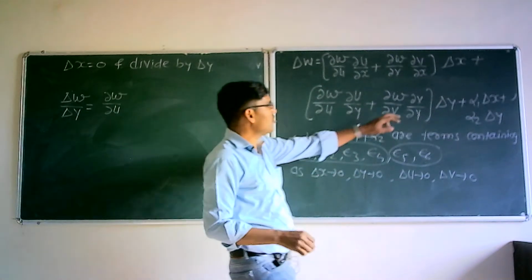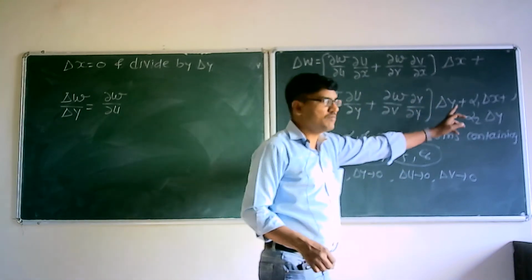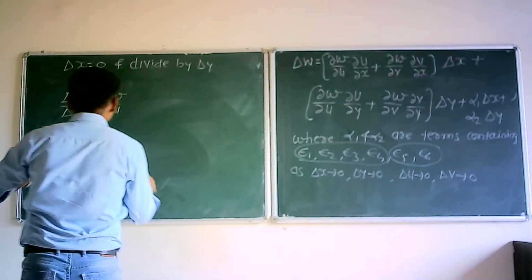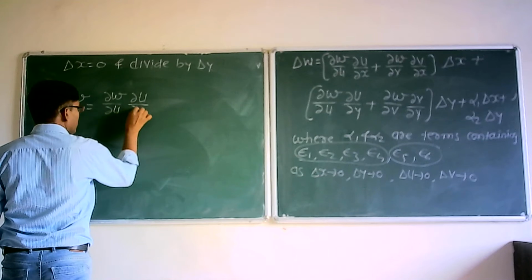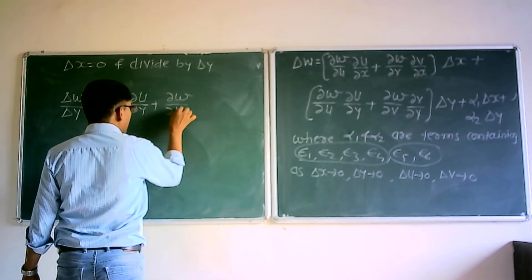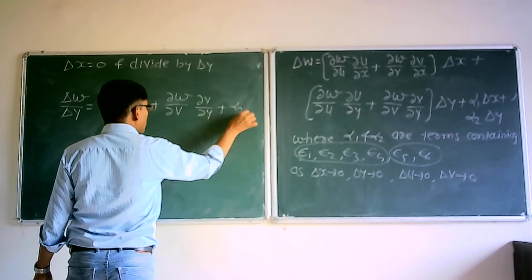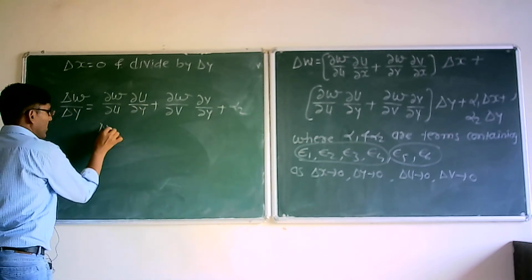Since this term is 0, delta x is 0, and for the remaining term we are going to divide by delta y: delta u by delta y plus delta w by delta x, delta v by delta y plus alpha 2. Now take the limit as delta y tends to 0.